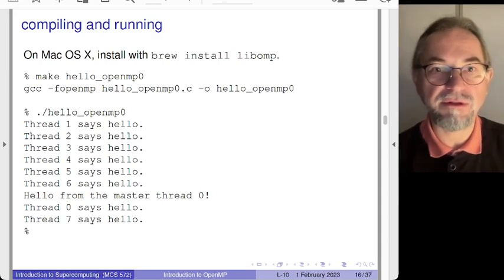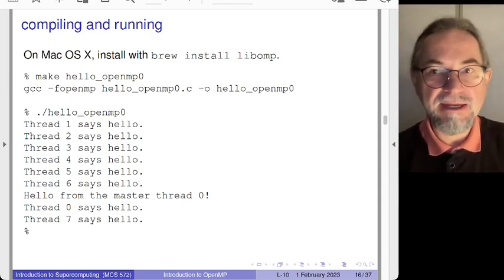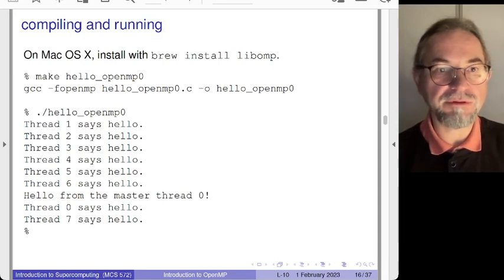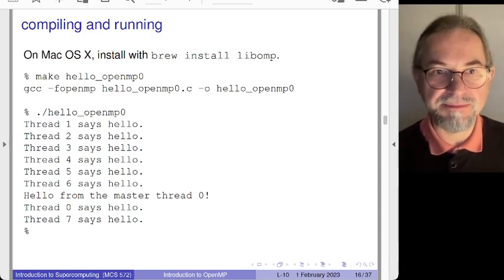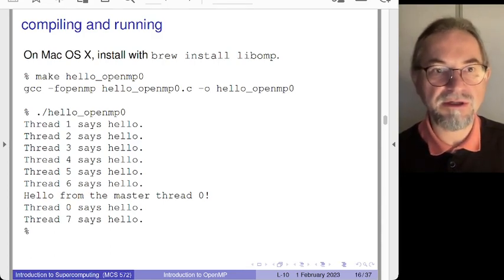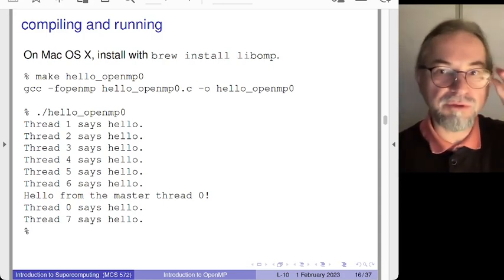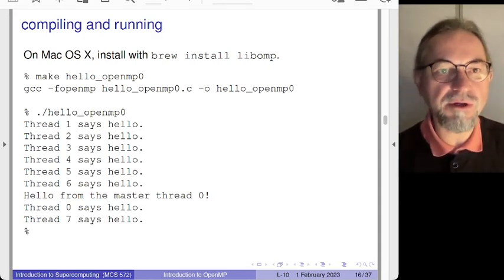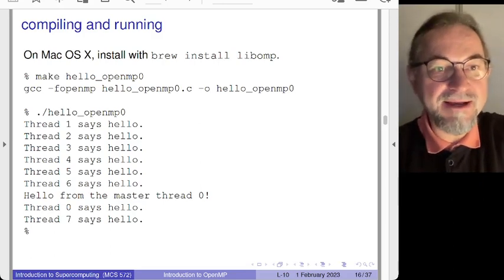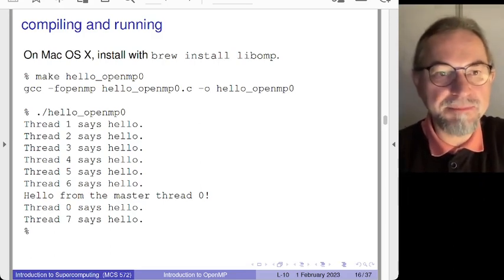Brew install libomp, and be a little bit careful which compiler you are using. You should then also be using the GCC that comes with Brew. We compile with the flag -fopenmp, and this is our first OpenMP program.